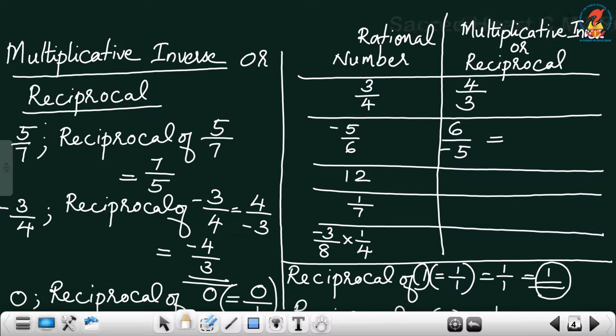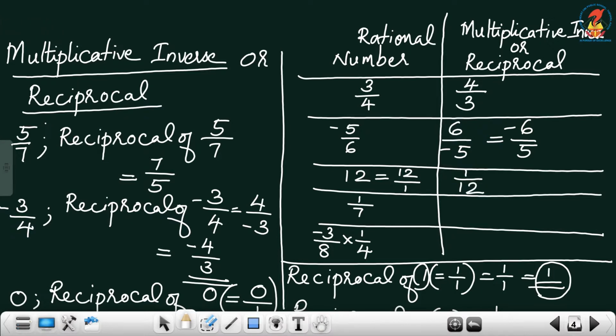Look at that, the denominator is negative, you have to make it positive by multiplying both the numerator and denominator by negative 1. So we can write it as negative 6 by 5. Then 12 is given. 12 is a rational number. What is the reciprocal of 12? 12 means it is 12 by 1. The reciprocal of 12 by 1 is 1 by 12.